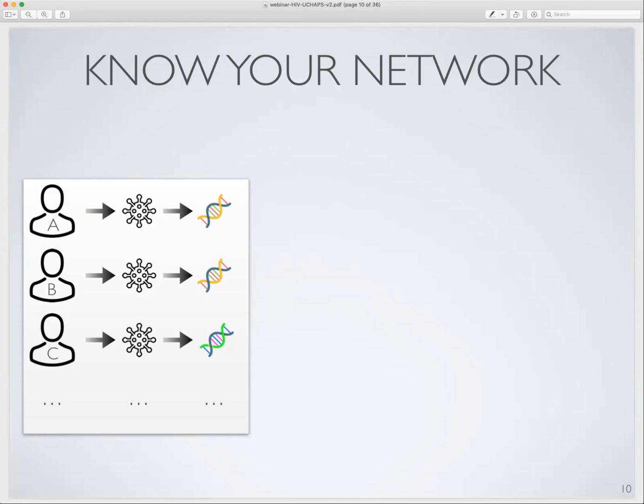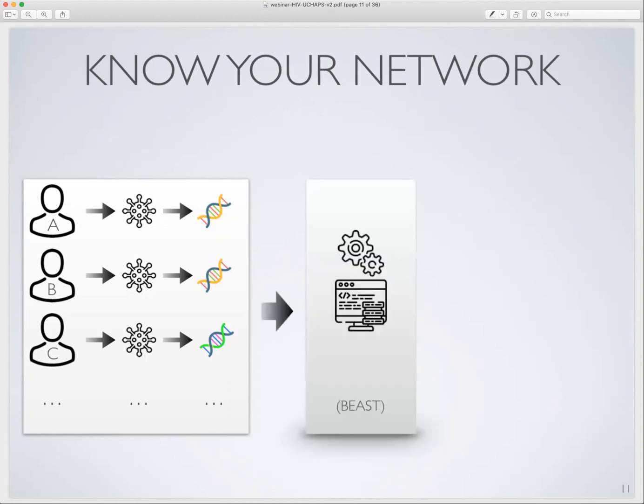So in this example, the HIV sequences sampled from patients A and B are very similar, whereas the sequence sampled from patient C is different. I illustrate that with different colors. The whole data set is given as an input to the model. For example, a popular software to perform such an analysis is called BEAST, if you want to look that up.